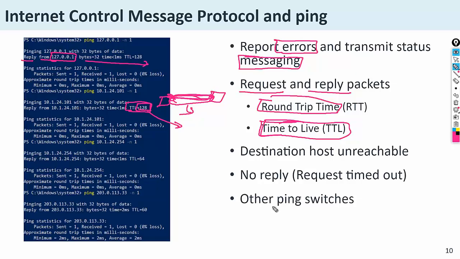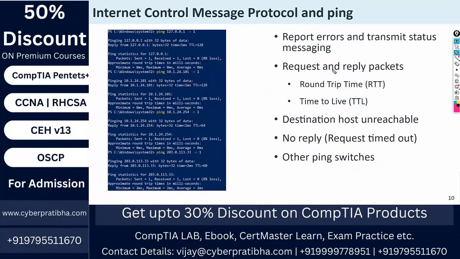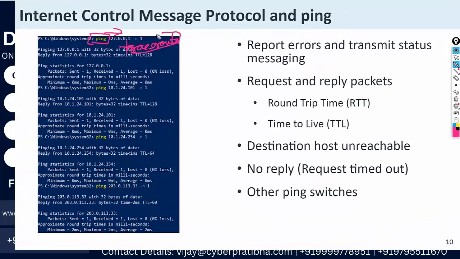Also, there are some other ping switches that can be used, which I will show you. But here, a simple ICMP packet can be sent by using the ping command, as well as other commands like traceroute, which we will discuss later.